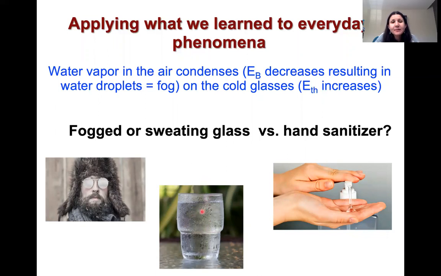Thermal energy of the glass is going up as it's interacting with the hot air outside, which means that the environment has to be losing energy. It's losing that energy in the form of a phase transition of steam condensing into water. So this water droplet is condensation of the air around. Same exact concept that makes your glasses fog up as makes your glass feel like it's leaking when you're drinking it outside on a hot day.